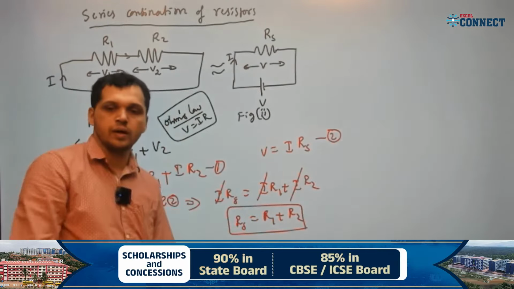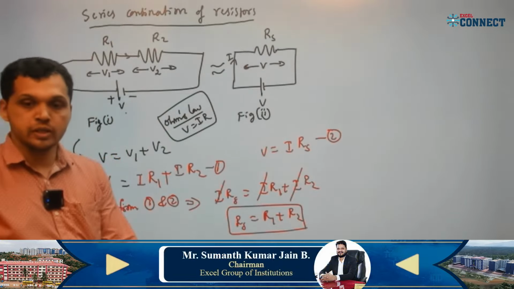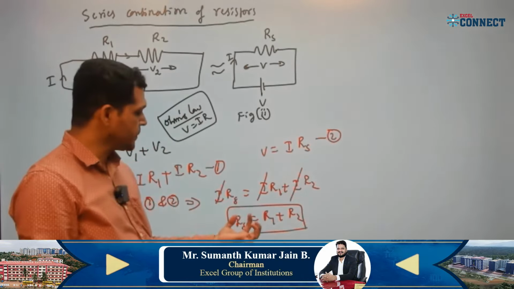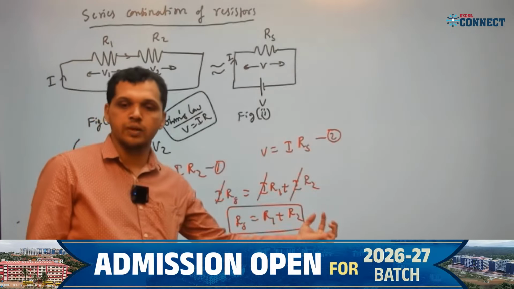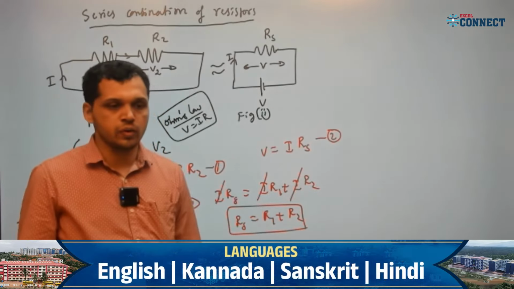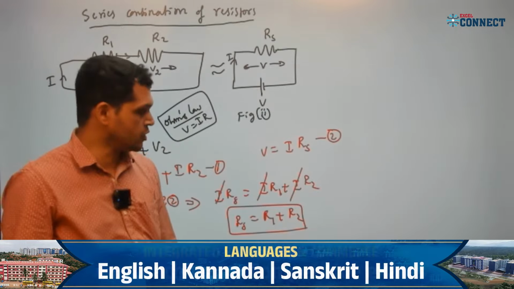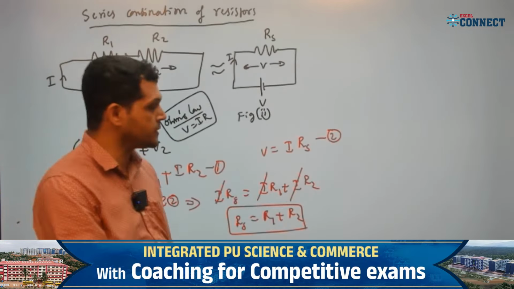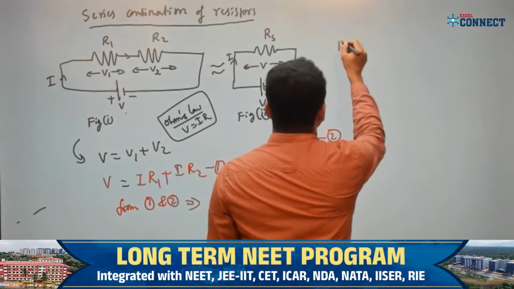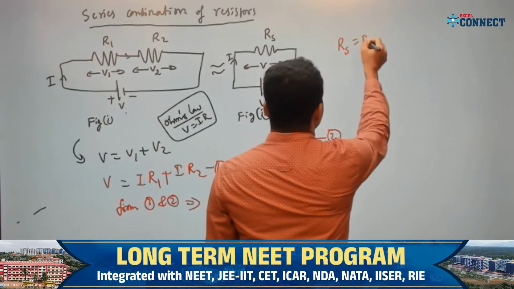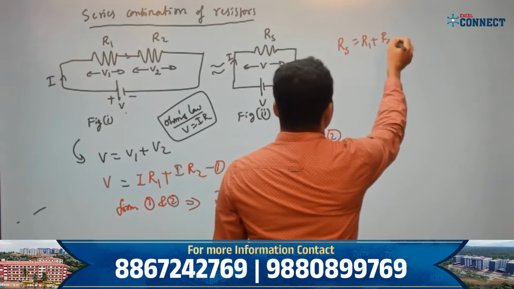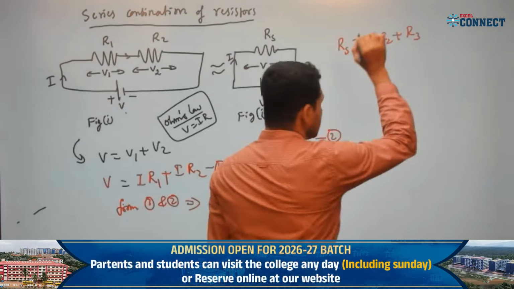This is the equivalent resistance. When two resistors are in series, we get Rs is equal to R1 plus R2 as the equivalent resistance. Suppose I have three resistors in series, what can I write? Rs is equal to R1 plus R2 plus R3.